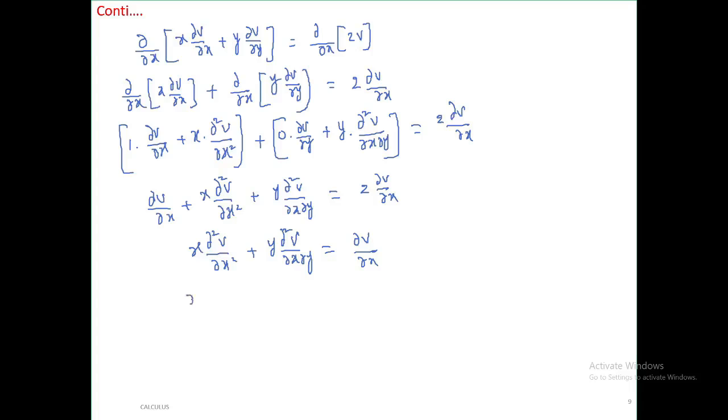So what will you get? x ∂²v/∂x² plus y ∂²v/∂x∂y minus ∂v/∂x. This value I actually want, and this value is 0. Look at the question, second one: this value we need to compute, and the answer is 0.